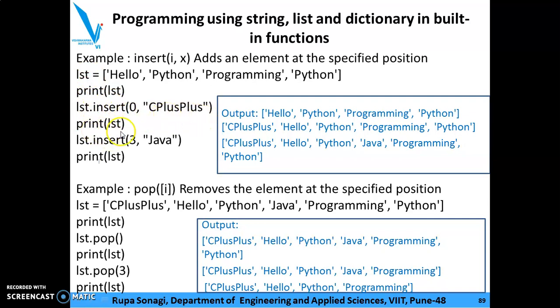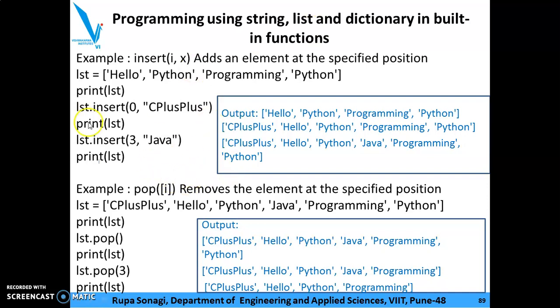Now if I print that, I get C++ added at the 0th index. Suppose I want to insert Java at the third position. I use the same command to display it. C++, hello, Python are at 0, 1, 2. Now at the third index I want Java, so here is Java, and after that programming and Python are displayed. So in this way you can use insert.